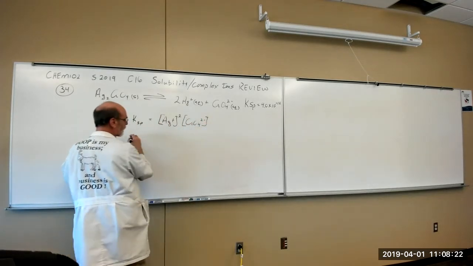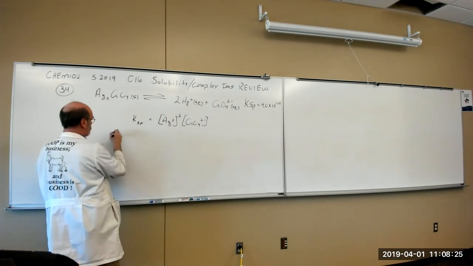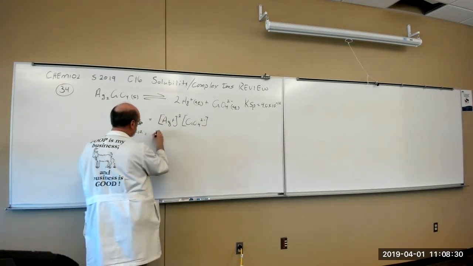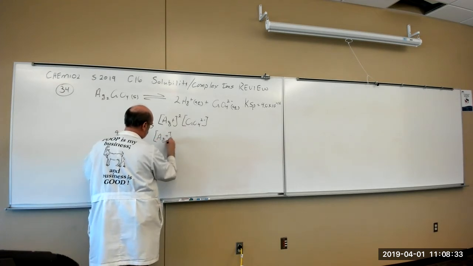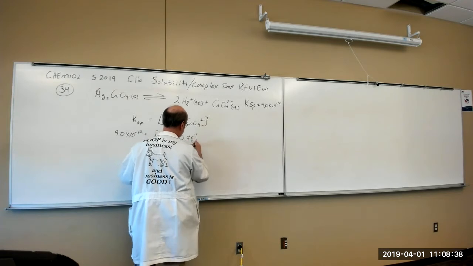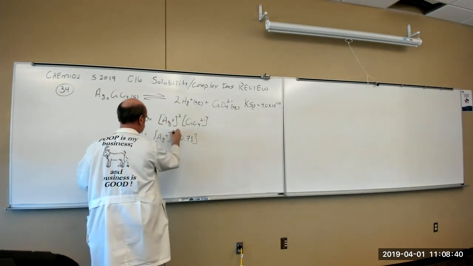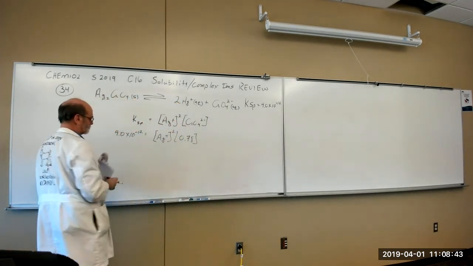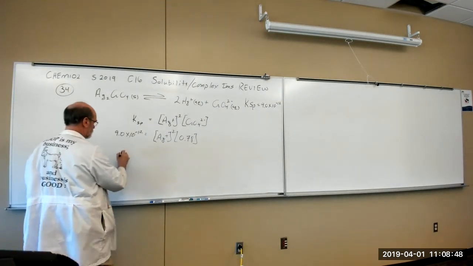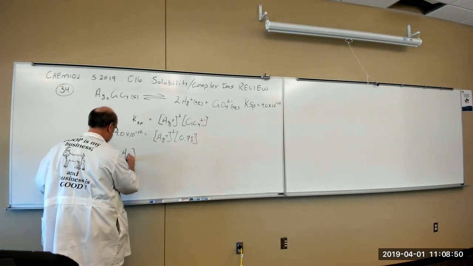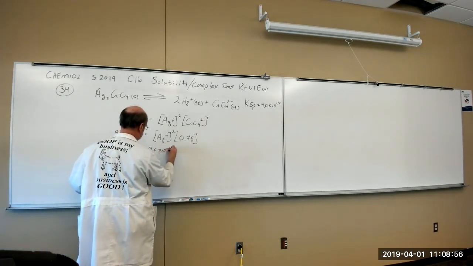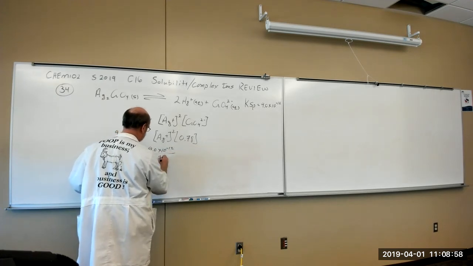Okay. So this is an equation in one unknown. We know this value. We don't know this value. But we're given this value at equilibrium. All right, so this equals this one divided by this one.